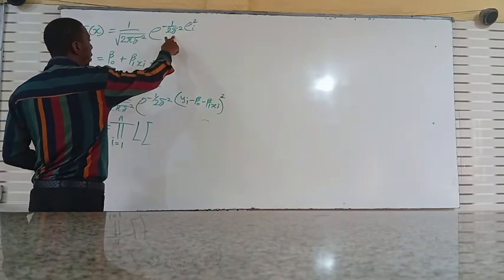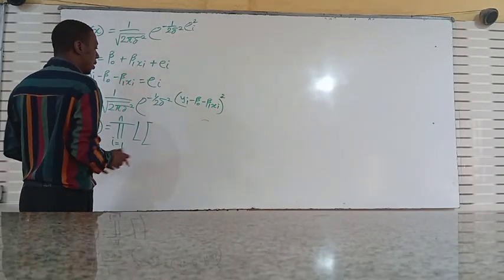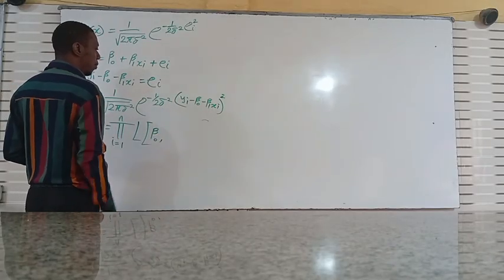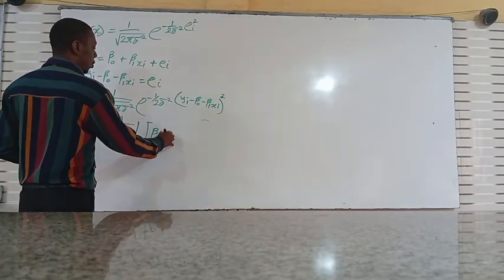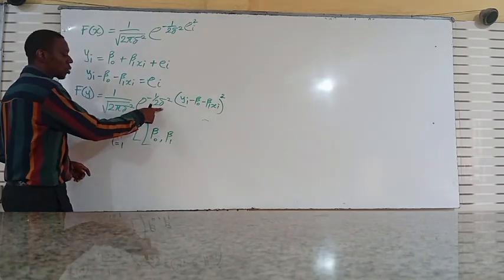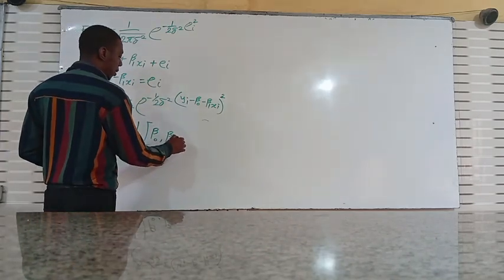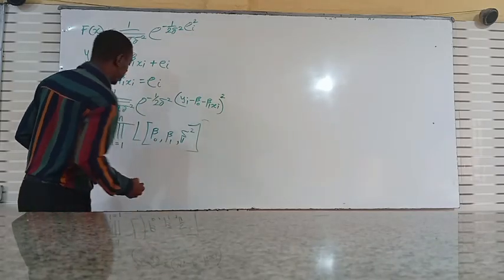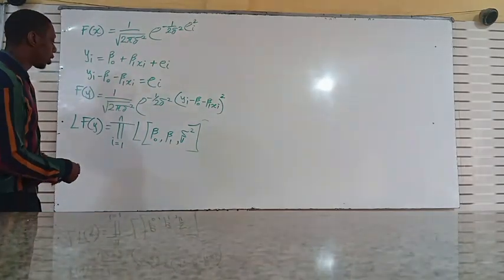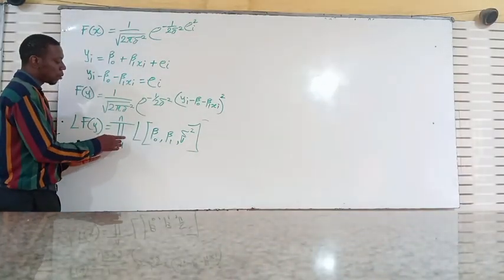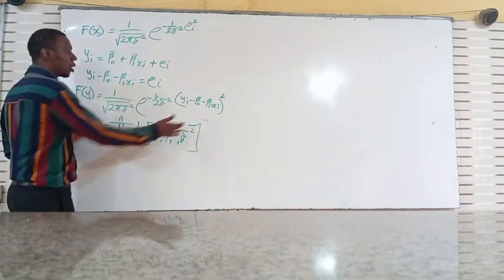We have b naught as one of the parameters. We have b1 as a parameter. We also have sigma square as a parameter. Now we are going to work this product on this.